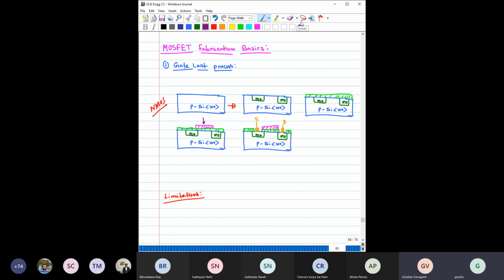Probably let me discuss that by copying this one again. So copy and paste. Oh my God, what happened? It has not copied the entire thing. It is not at all copying now.